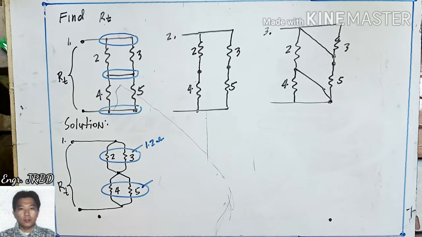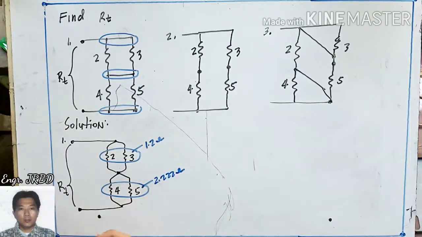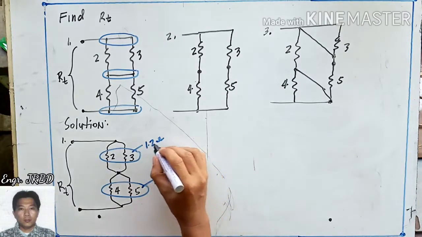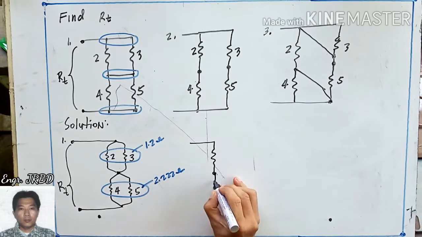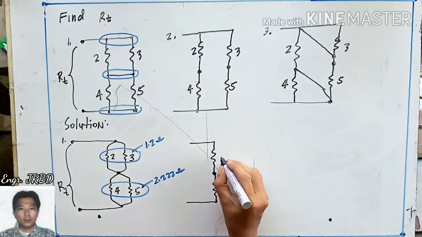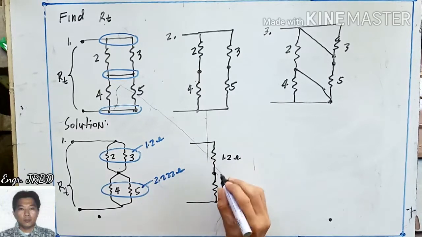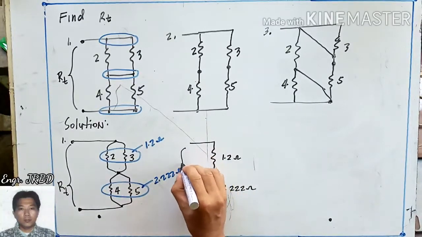And 4 and 5 in parallel is 2.222 ohms. Redrawing this further will give you this figure. This is 1.2, that is 2.222 ohms.